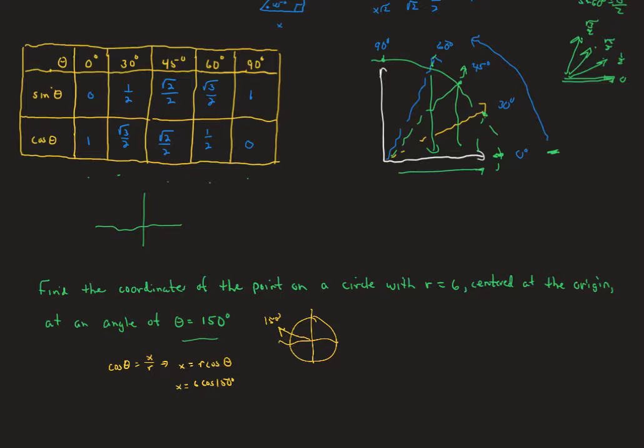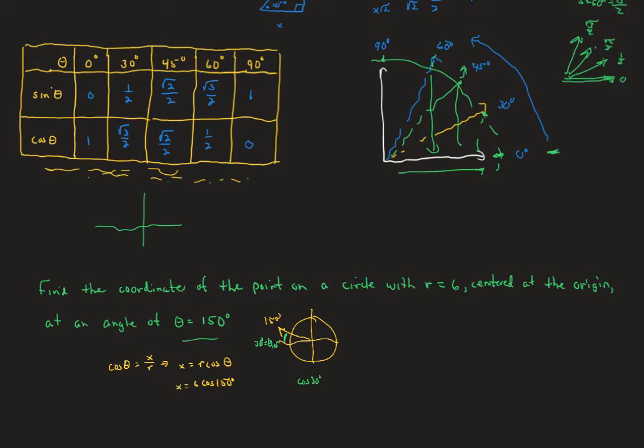Here's a preview of where we're going once we master this part of the table in quadrant 1. We can look at the reference angle for 150 degrees. 180 minus 150 is 30 degrees. That is our reference angle. Now we need the cosine of 30 degrees, which we're going to learn from memory.